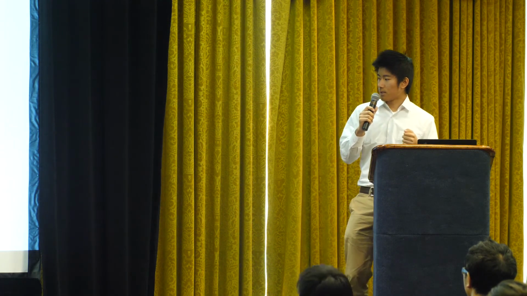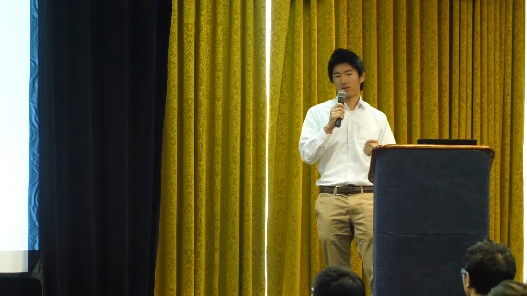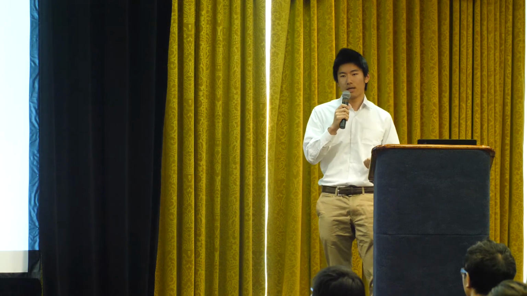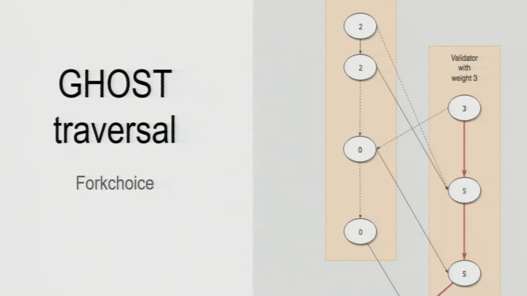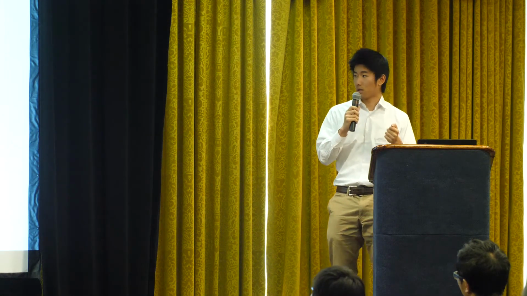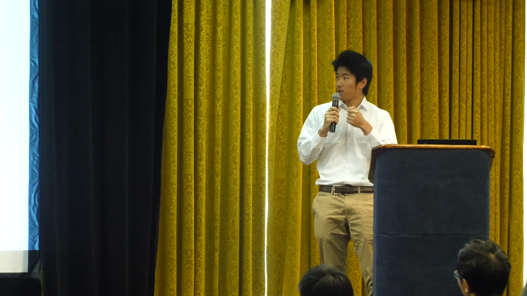First you start from your latest finalized block, and then you pick the choice that has the higher score. Your first choice is between 0 and 5, and you choose 5. Then again you have a choice between 0 and 5, and you choose 5. Then your next choice is between 2 and 3, and you choose 3. And so then you're at the tip.